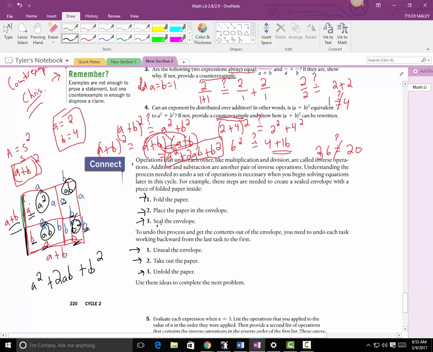So here, seal the envelope, and here we have to unseal the envelope. So they're opposites of each other, right? Or fold the paper and unfold the paper, right? Those are opposites of each other. And then place the paper in the envelope and take out the paper. Those are also opposites of one another.